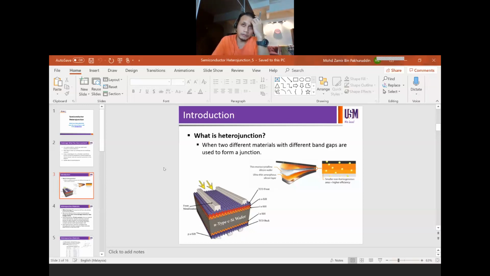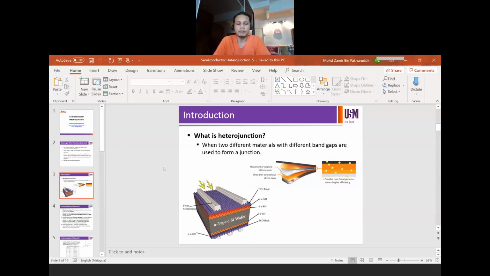For example, if you have crystalline silicon with amorphous silicon, they are essentially of different band gaps, 1.12 and 1.8. So they are heterojunction. If you combine completely different materials, of course they are heterojunction as well. For example, amorphous silicon with cadmium telluride, or crystalline silicon with zinc oxide, any completely different materials are called heterojunction.